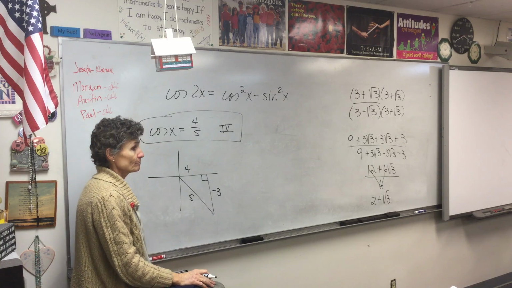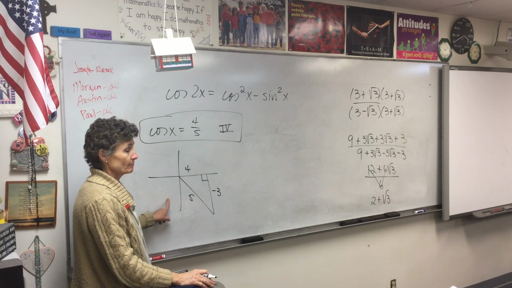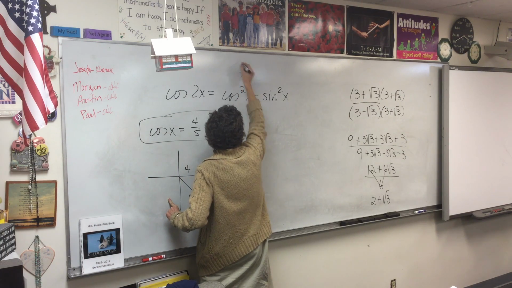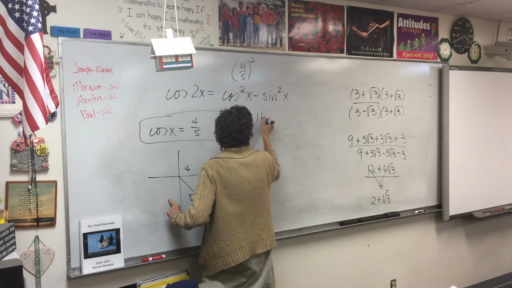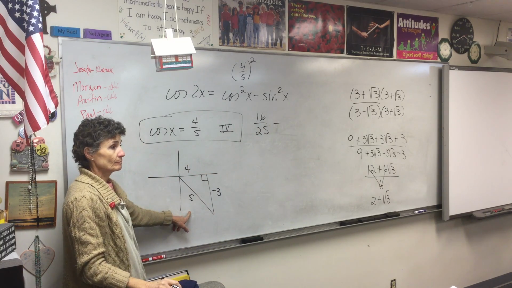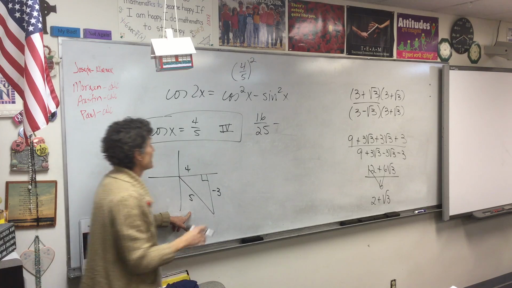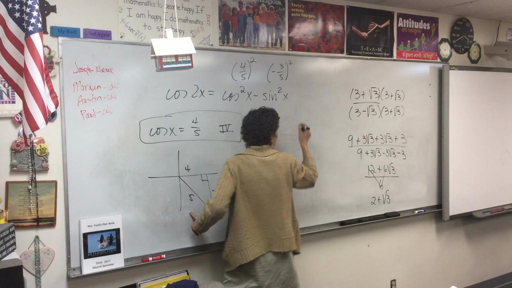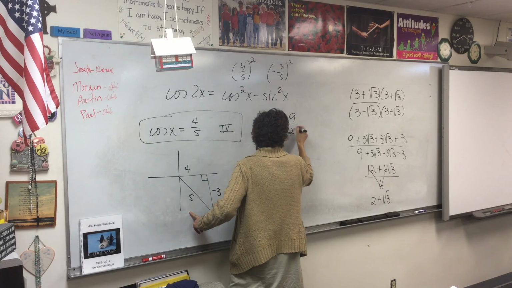Look at your picture. What's the cosine? 4/5. We need to square it, so we get 16 25ths. What's the sine? -3/5. We need to square it, so we get 9 25ths.